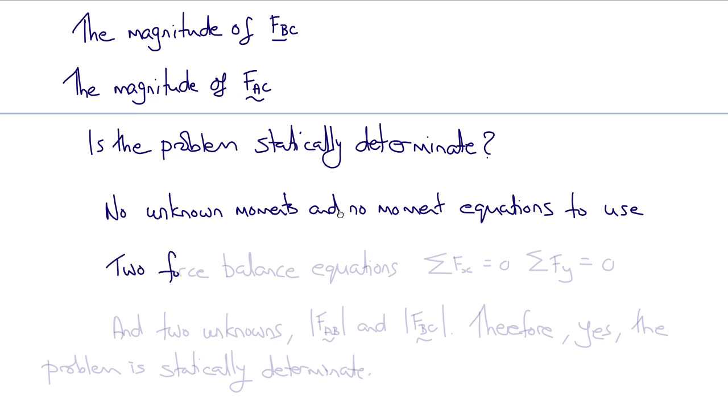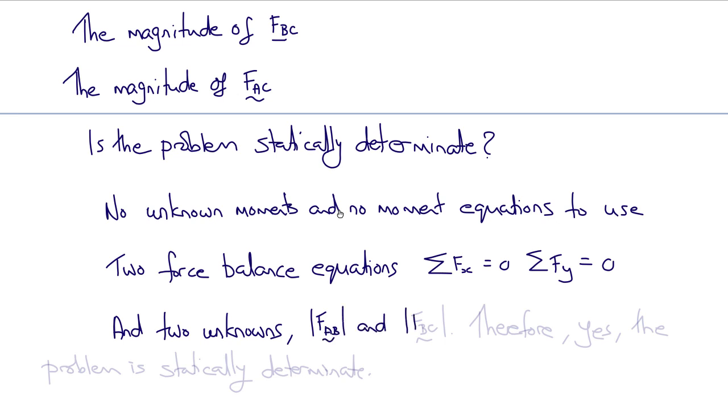So that means we're left with two force balance equations. One saying the sum of the x forces is zero, and the other saying the sum of the y component of the forces is zero. And we have two unknowns, the magnitude of the force FAC and the magnitude of the force FBC. And so therefore, yes, it appears that the problem is statically determinate.